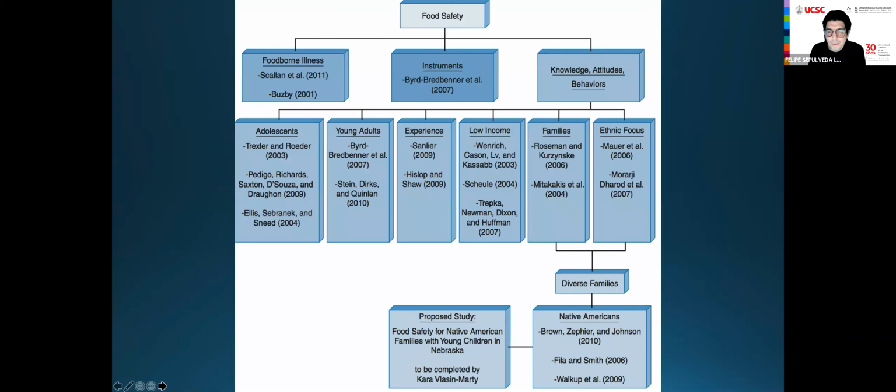An example of this kind of picture, the literature map, is this one. This one is about food safety. And if you see here, this is the main topic of this research.